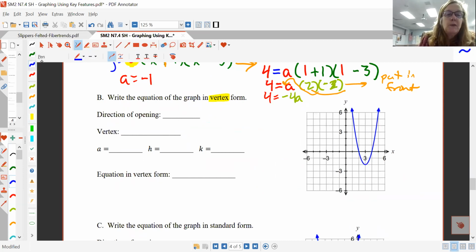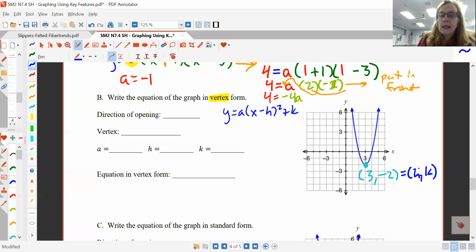So I look at this point, I see that point is 3, -2. That means that is my h and that is my k. So I find the vertex and that is my hk point.